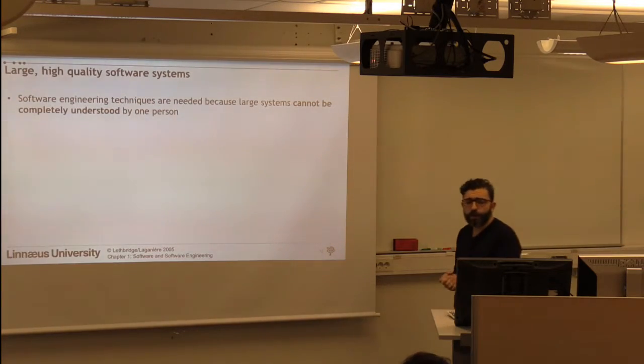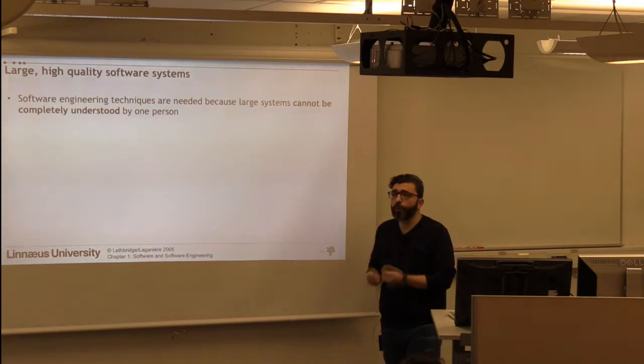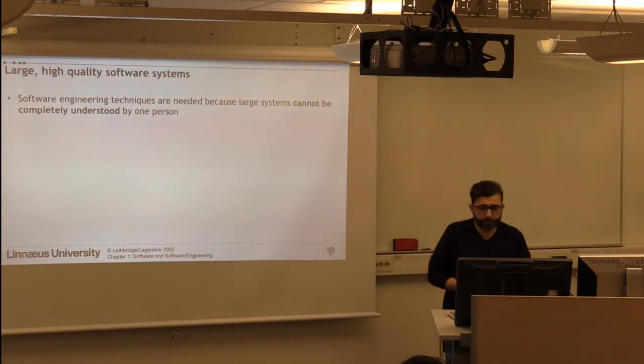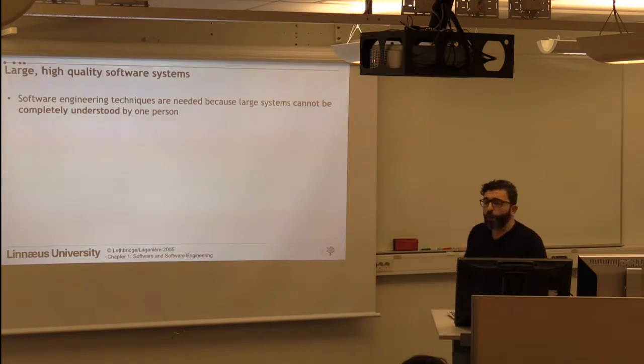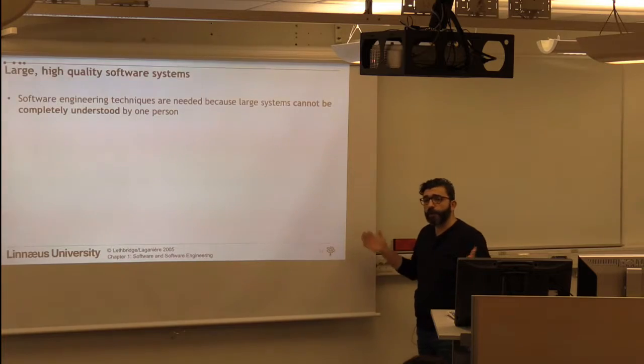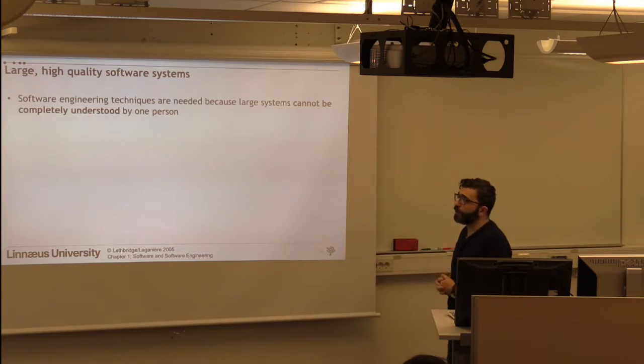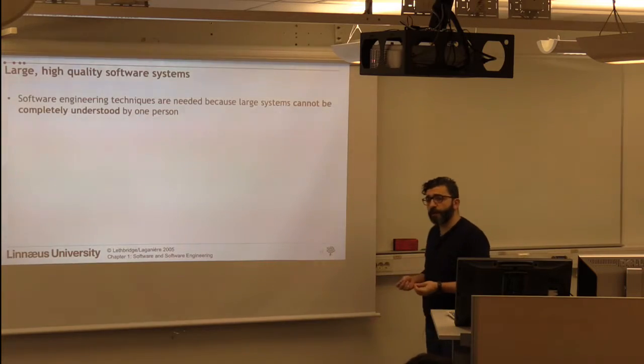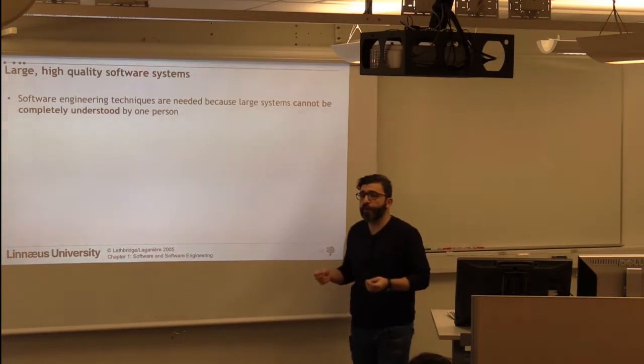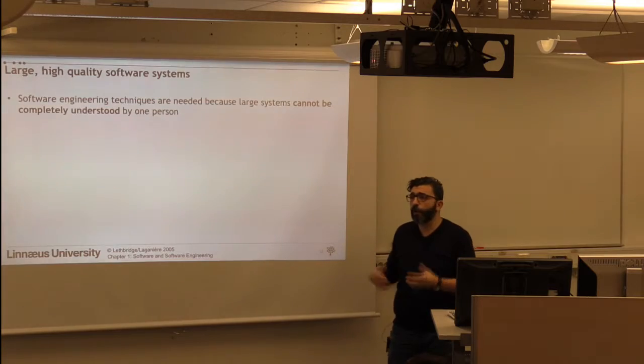Large, high-quality software systems: that's what we want to produce. We need software engineering techniques because this type of system, being very large, is very hard to understand if you are alone. That's why this is a collective effort.